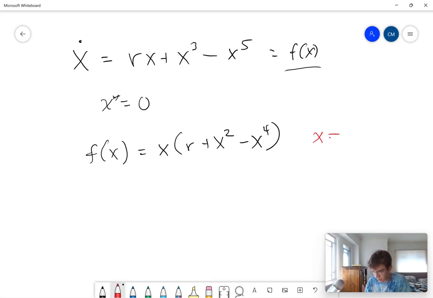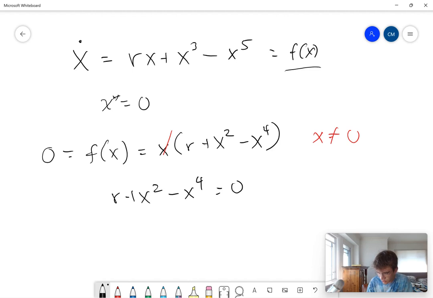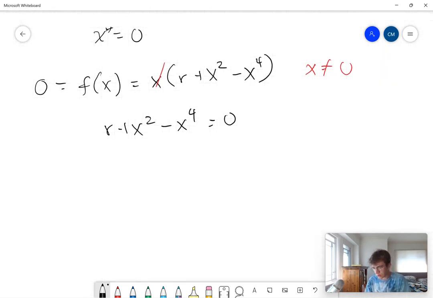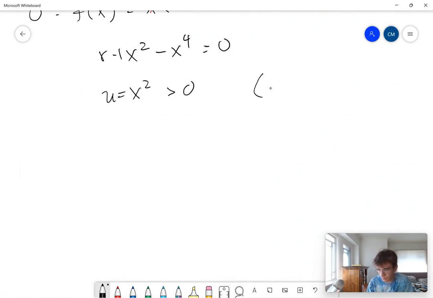Now if I assume that x is non-zero, and I set f of x equal to 0 to find the fixed points, I can cancel out this x term, and I'm left with the equation r plus x squared minus x to the fourth is equal to 0. We can see that this is a quadratic equation in x squared. So I'm going to do a change of variables, u is equal to x squared, noting that u has to be strictly positive, since x is non-zero.